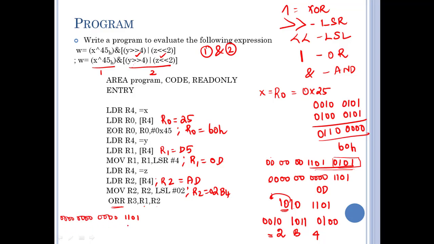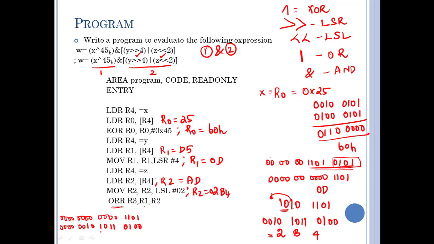I am only writing one word, the least significant word. And then what is your R2? R2 content is 02B4. 2, B is 1011, 4 is 0100.